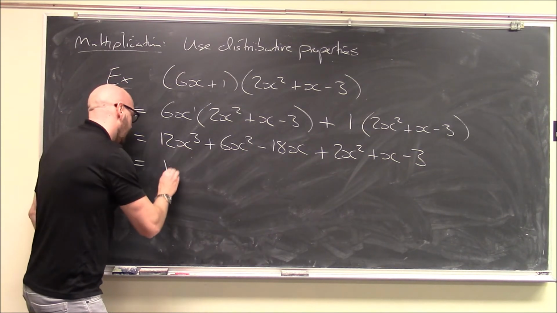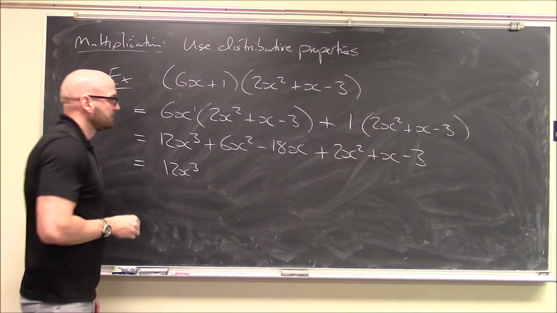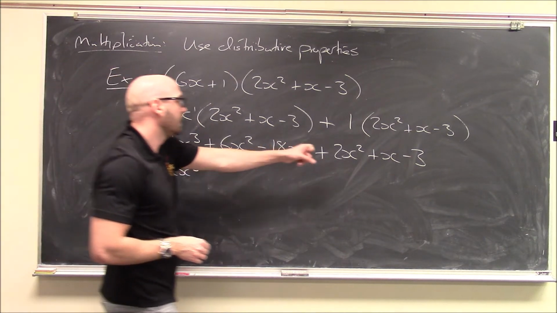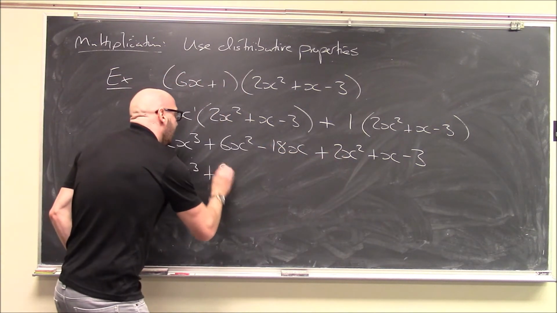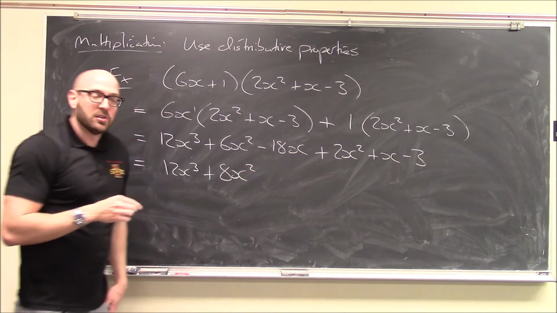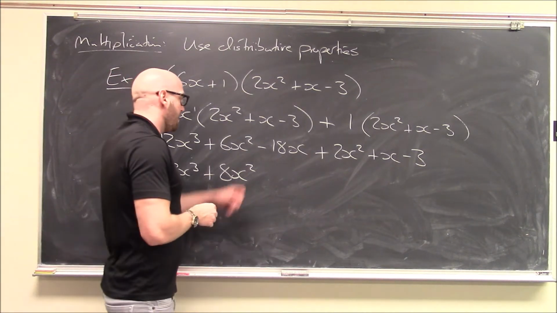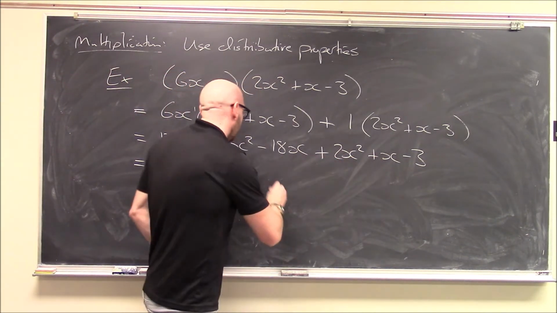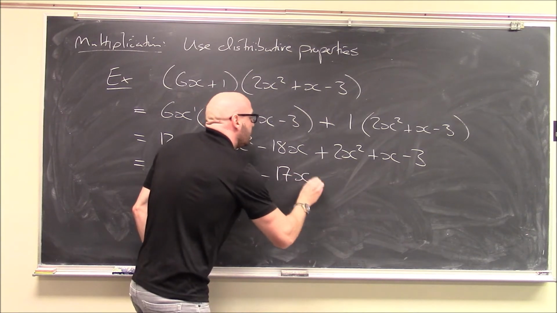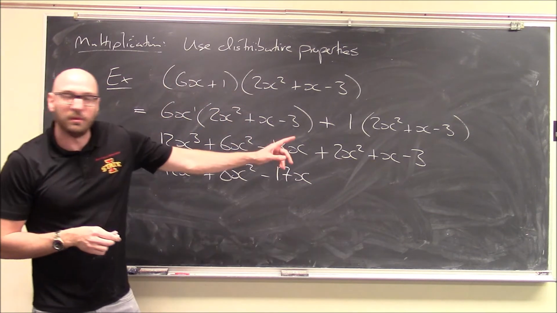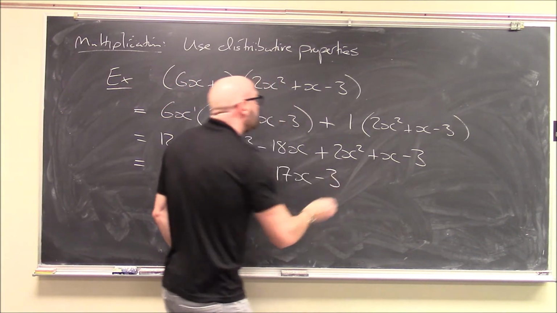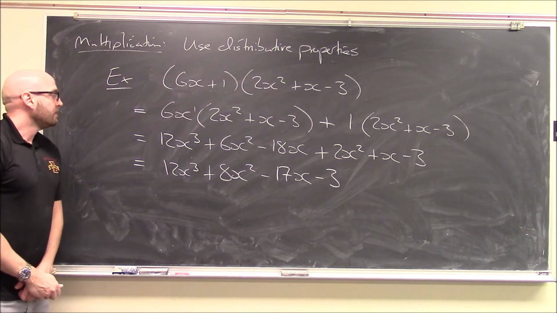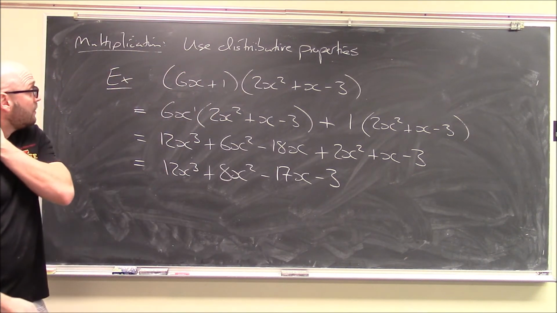Just this expression, 12x cubed. What about x squared? So I've got 6x squared plus 2x squared, so that's plus 8x squared. We've got minus 18x plus x, that leaves me with minus 17x. And last but not least, we've got the negative 3 term.